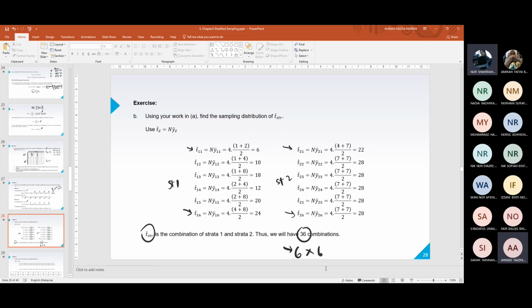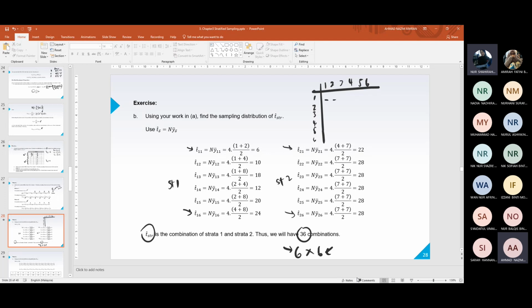This is the possible samples of stratum number 1. And the second one here is the possible samples of stratum number 2. 6 times 6. So you will have something like this. Stratum number 1: 1, 2, 3, 4, 5, and 6. Stratum number 2: 1, 2, 3, 4, 5, and 6. So in here you will have 36 combinations, right?